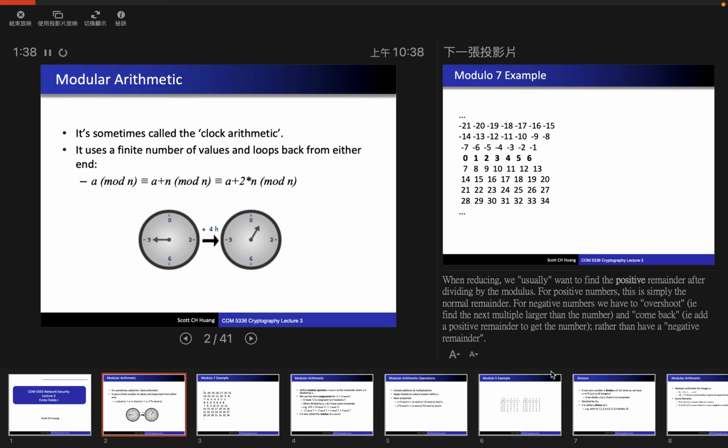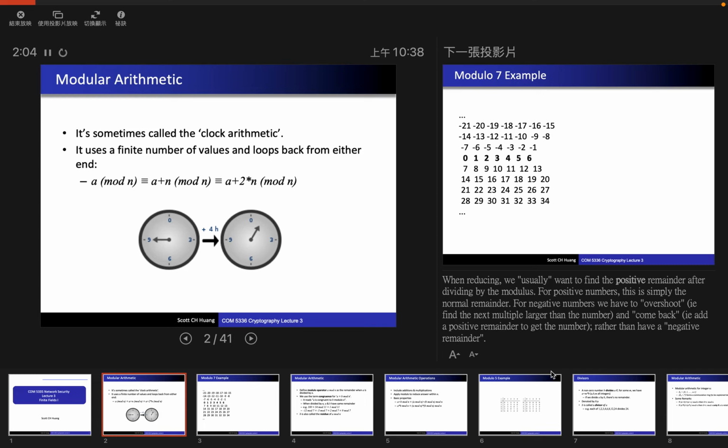So 1 o'clock is the same as 13 o'clock. That's clock arithmetic. And they follow pretty much the same rules as ordinary integer arithmetic, except for little things. We can say, for example, 1 o'clock plus 3 o'clock is equal to 4 o'clock.